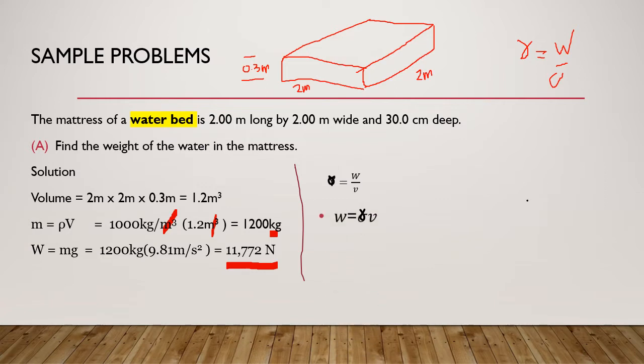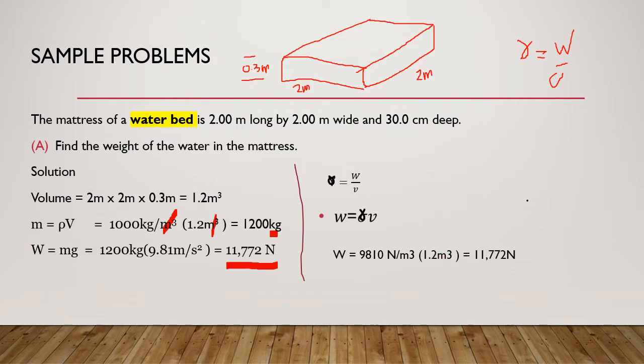Ngayon, weight is equal to gamma times V. Okay, ano lang natin to, no? Kinross multiply. So, yung weight, yung gamma ng water, 9,810 Newton per cubic meter or 9.81 kilonewton per cubic meter times natin sa 1.2 cubic meter, which is the volume.